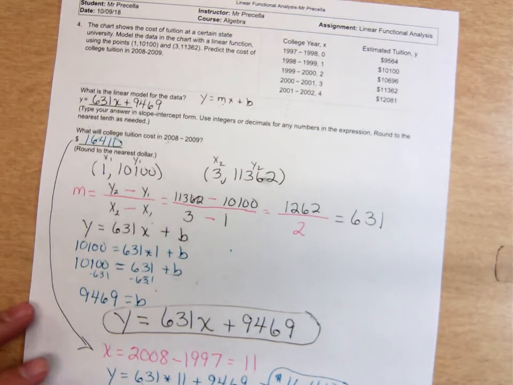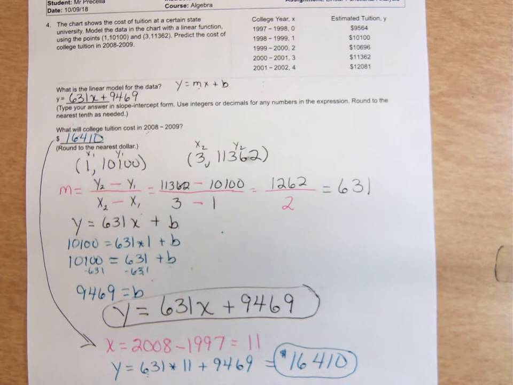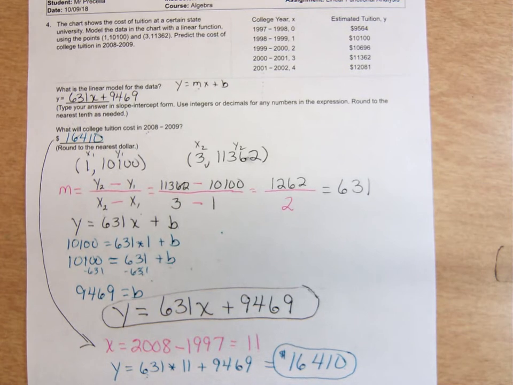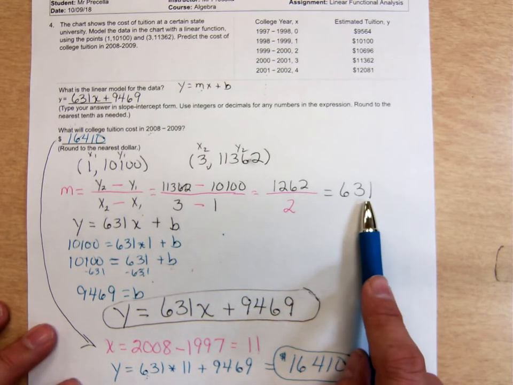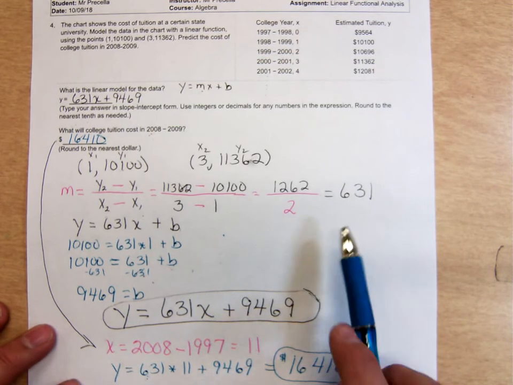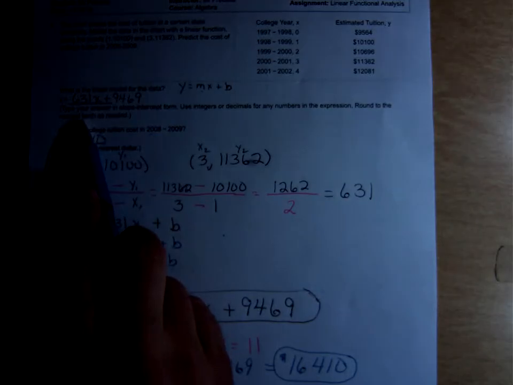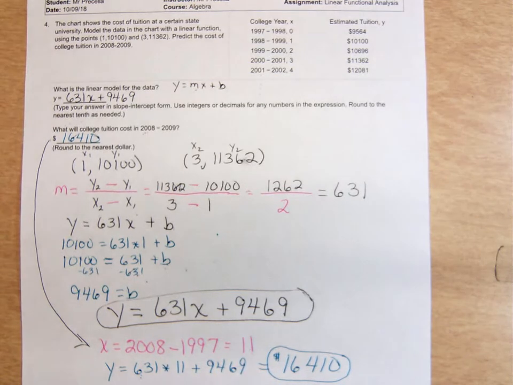Any questions? Again, if you have a decimal here, that's okay. If maybe you have a 0.5, it's okay to have a decimal rounded to the nearest tenth here.